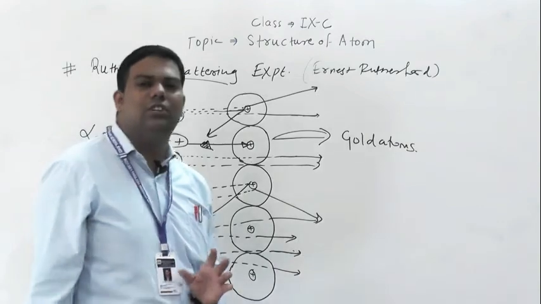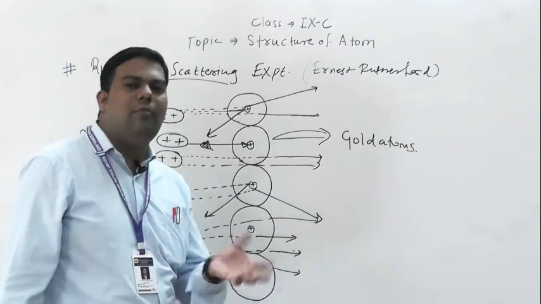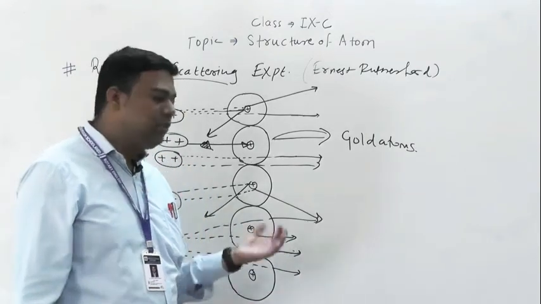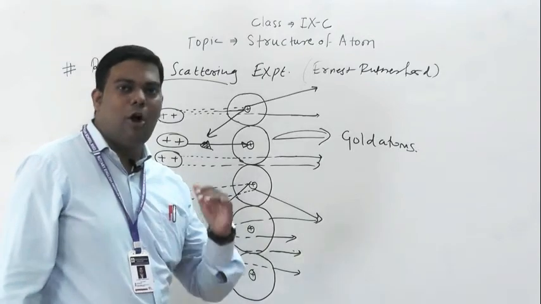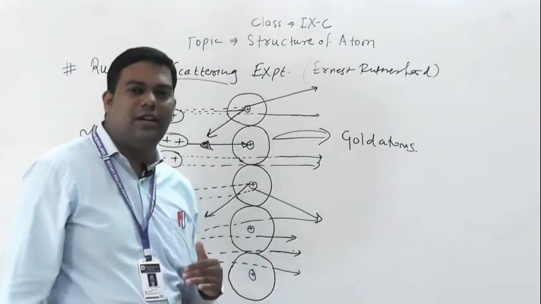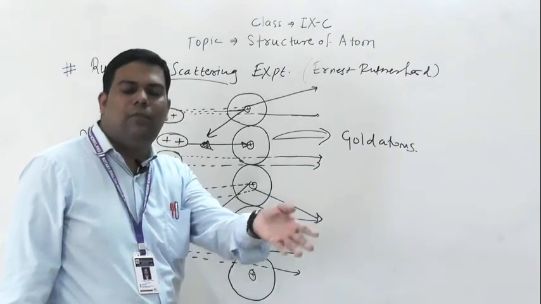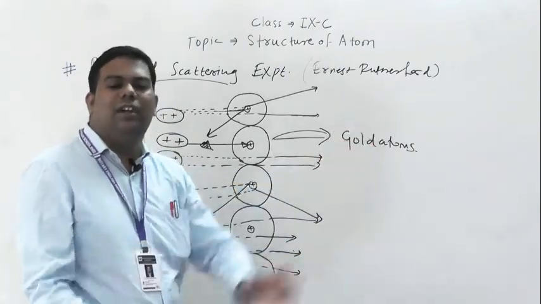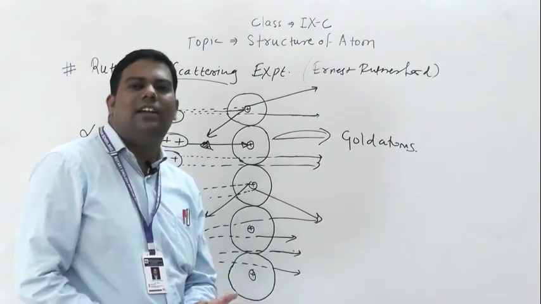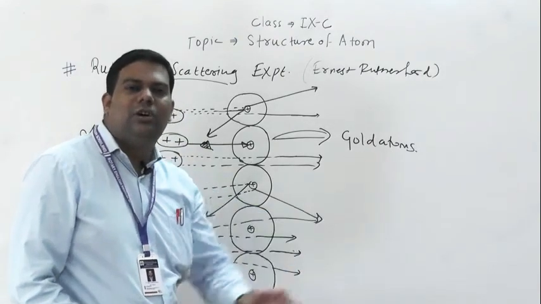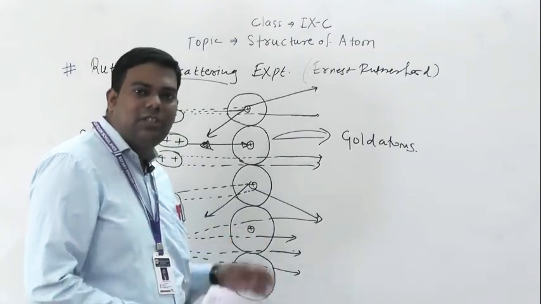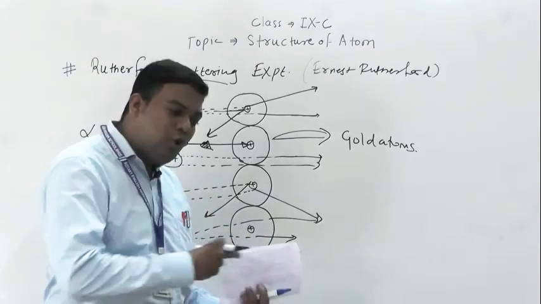First we discussed the source of the alpha particles, a block of lead with uranium. Then we saw the gold foil: some alpha particles are deflected with small deflection, some completely rebound, and some go straight.